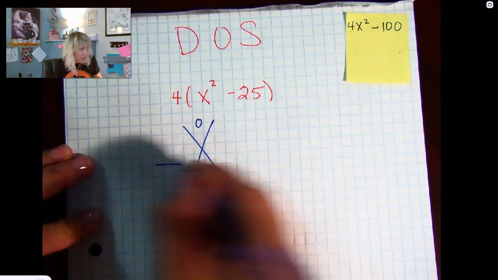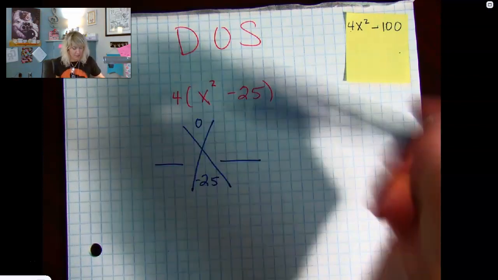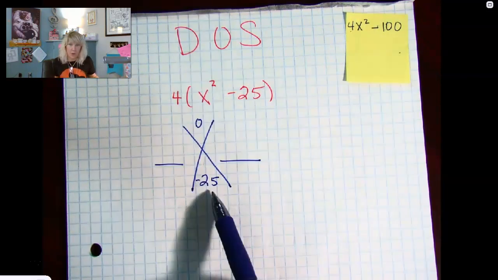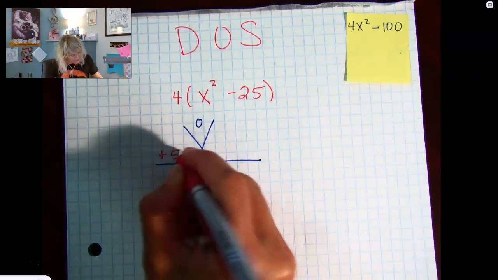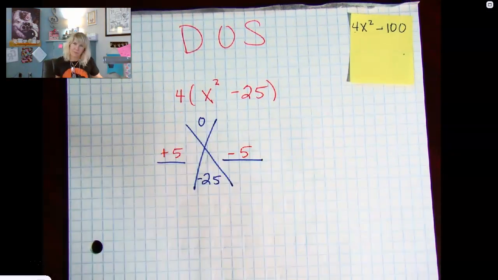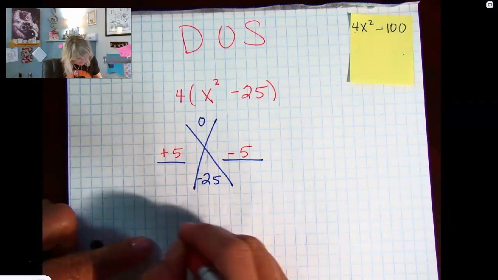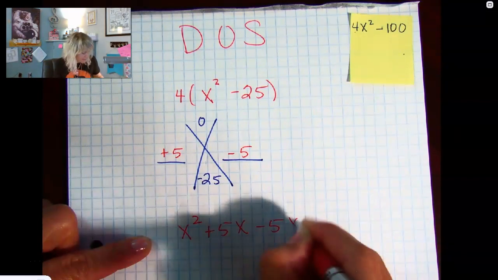So here, I am looking for values that combine to make nothing, in other words, a 0 pair, and also multiply to make a negative 25. And that is going to be a positive 5 and a negative 5. So, looking at just what's in parentheses, x squared plus 5x minus 5x minus 25.